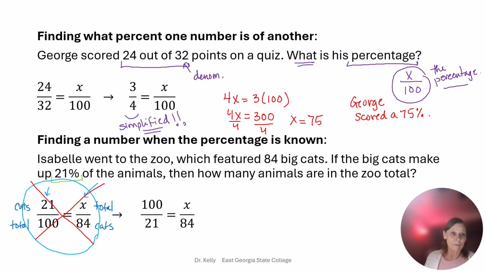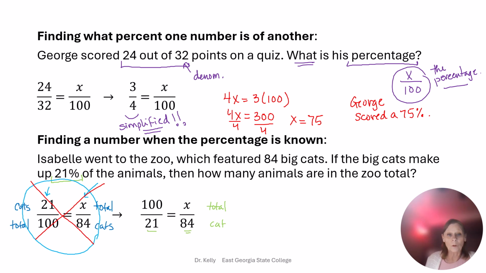But anyway, I'm glad that this came up so I can point it out because this happens all the time. Okay, so it's important that we keep everything aligned, right? And so if I write it like this, if it's 100, then 100 is the total. And the bottom here is the number of cats. It's 21% and the 84 count.